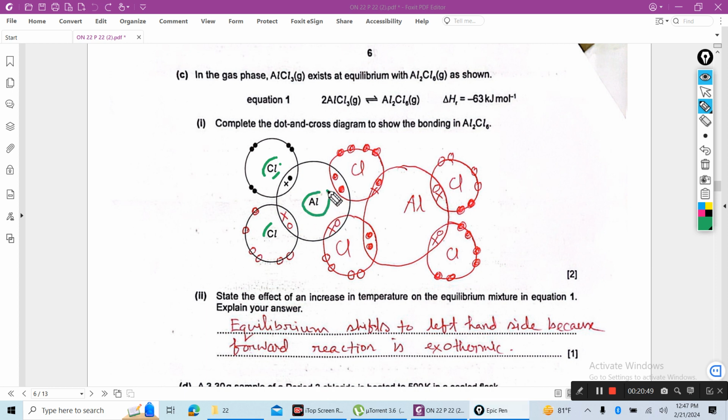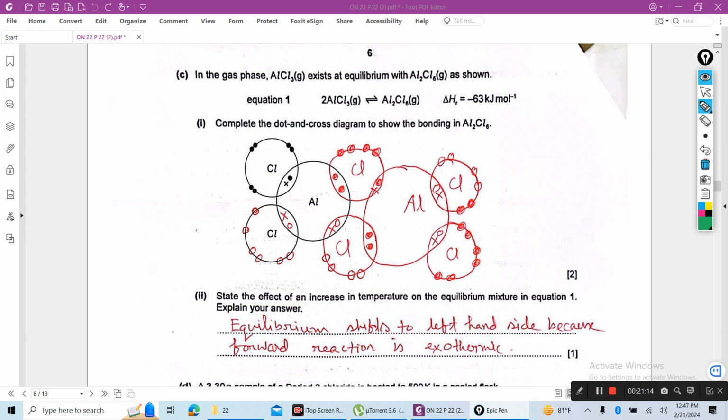Aluminum has 3 electrons in its outer shell, so it can form 3 covalent bonds. Now this aluminum has 1 covalent bond, 2 covalent bonds, 3 covalent bonds. If aluminum forms a fourth bond, chlorine gives its lone pair to form a dative bond with aluminum.